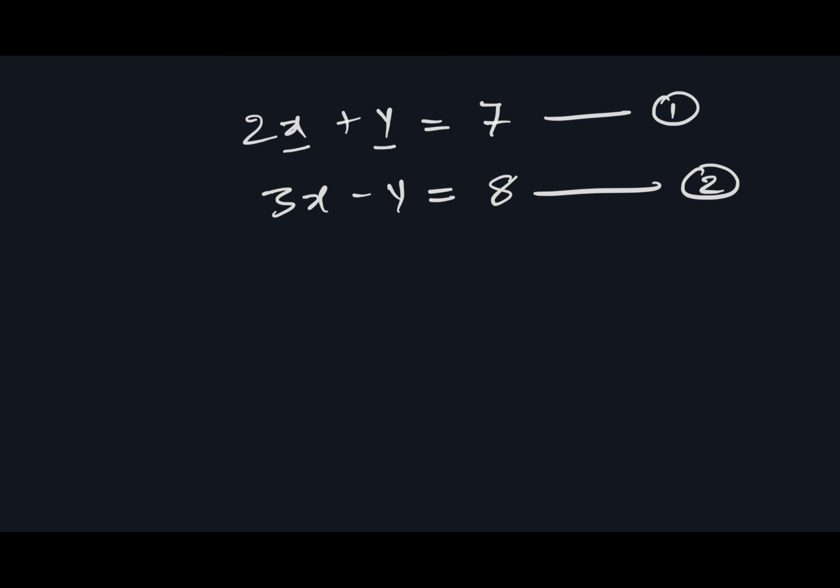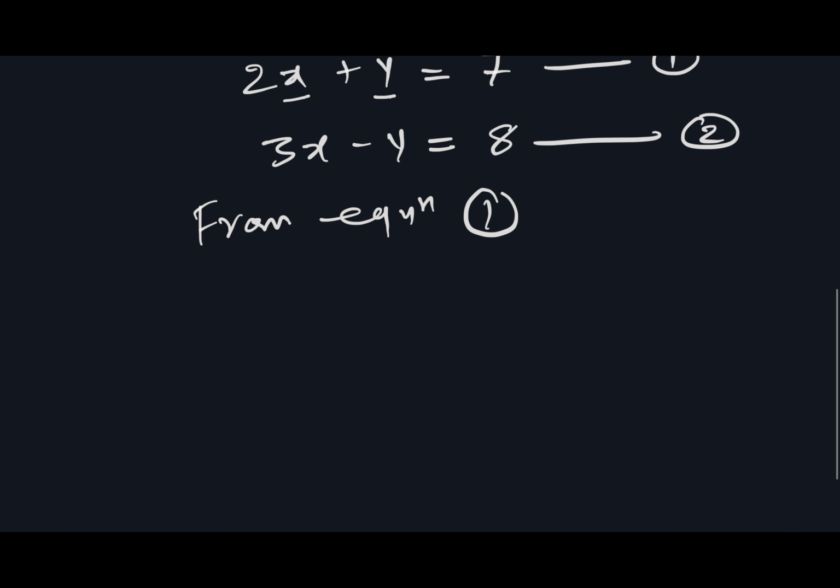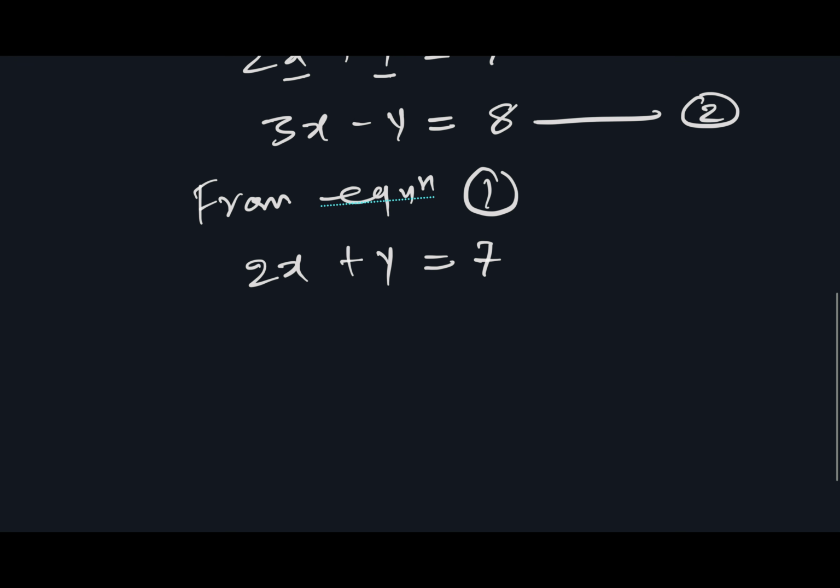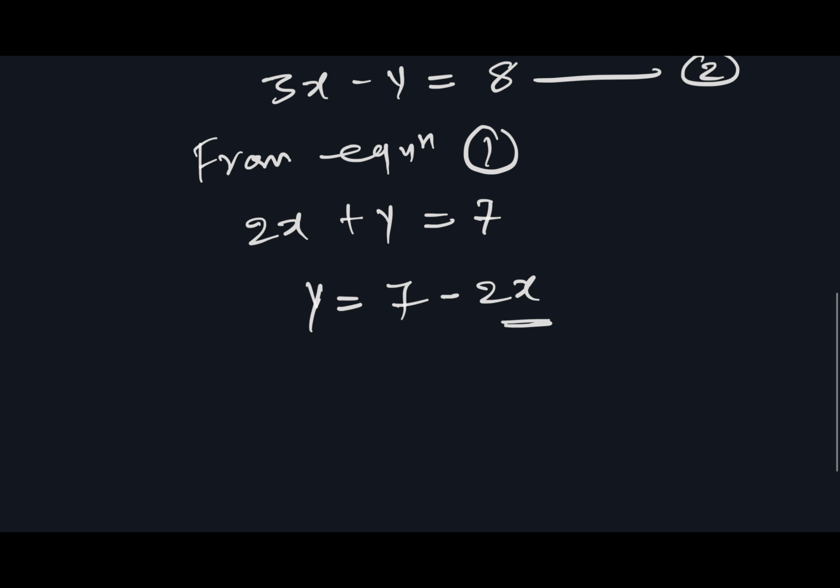From equation 1, we have 2x plus y is equal to 7. Now we can find the value of y from here. So y is equal to 7 minus 2x. Now we have the value of y in terms of x.